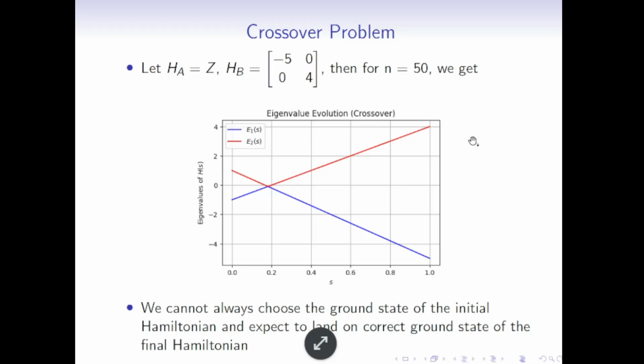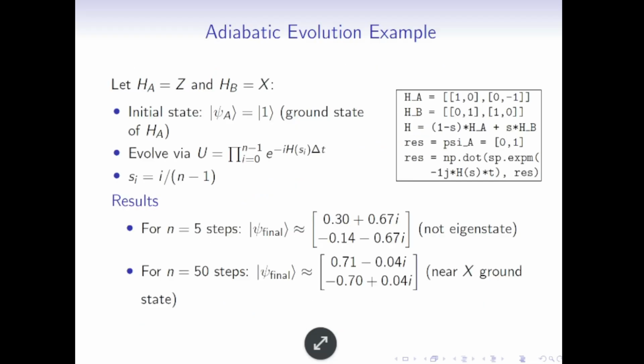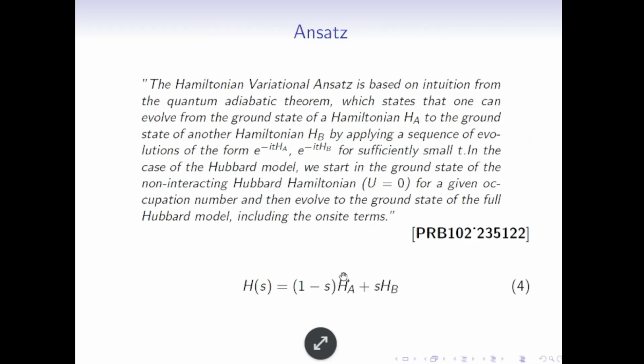What is the crossover problem? What you might think is that if you start with the ground state of HA, then you might land on the ground state of HB, which is not always true, right?